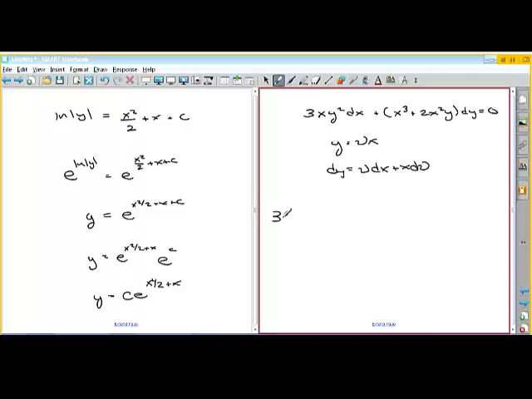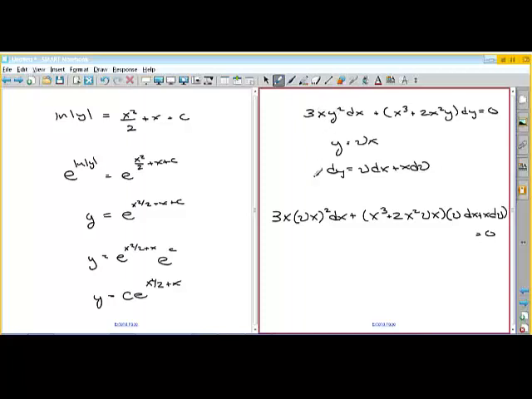So I get 3x from here times y squared times dx plus x cubed plus 2x squared times y, which is nu x, the whole thing times dy. Oh, but I can't just leave dy in there, so I have to put in nu dx plus x d nu, and all equals 0.